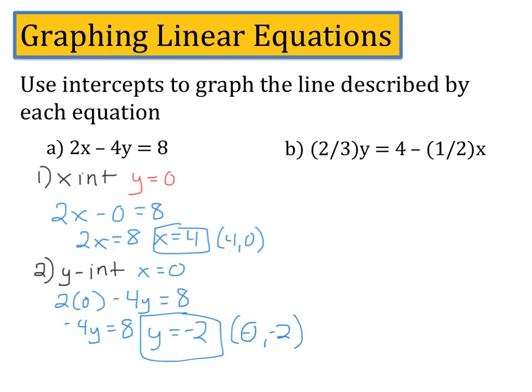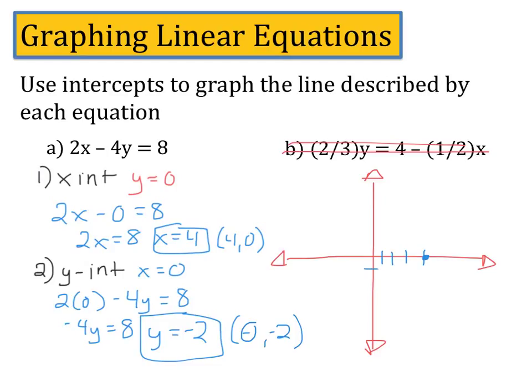Alright, so just ignore this equation to the right here because we're going to use this space to graph our equation. So this equation is not the one we're graphing. So we just graph our points. When x equals 4, 1, 2, 3, 4, our y equals 0, so we have one point here.